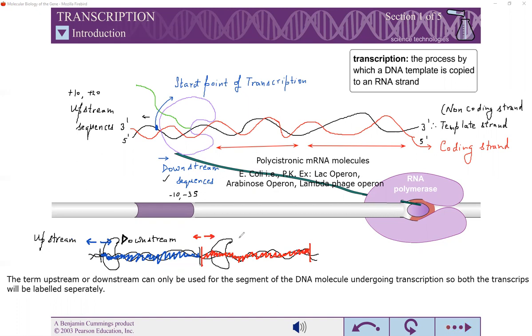All the sequences after this point will be referred to as downstream. So those sequences which could be downstream for a particular gene are actually upstream to its preceding gene.